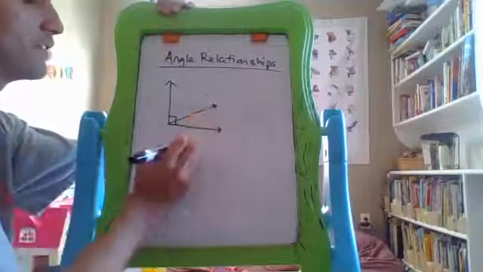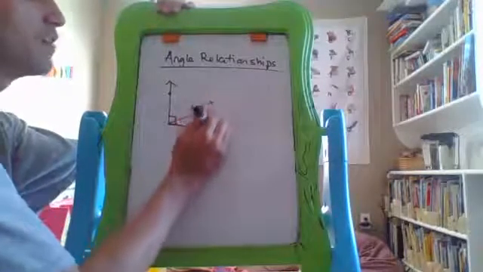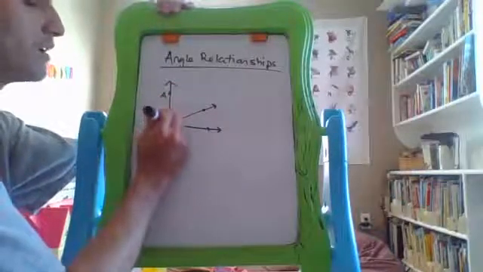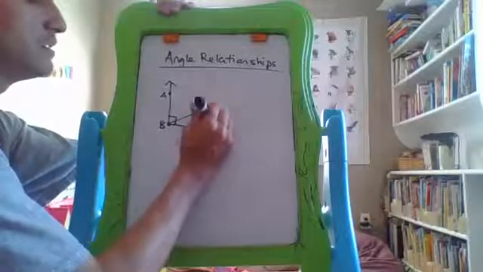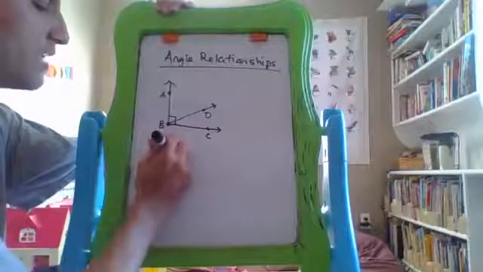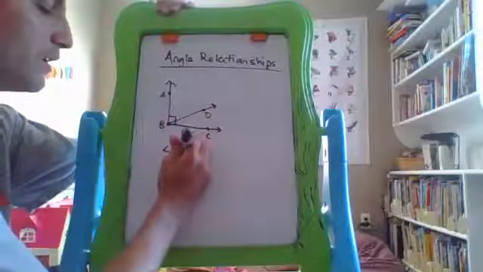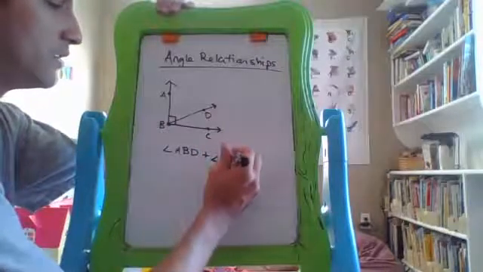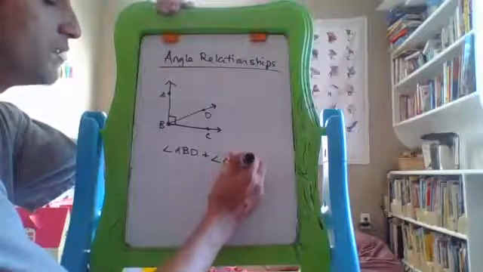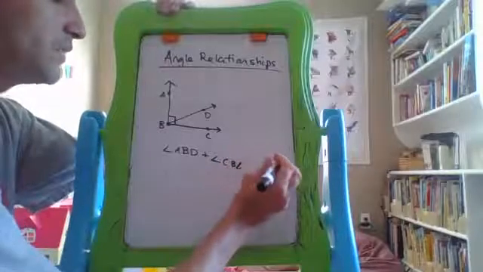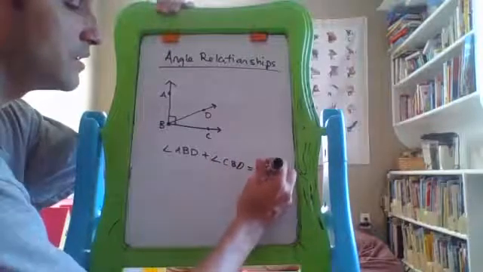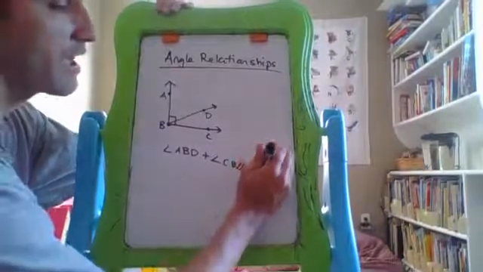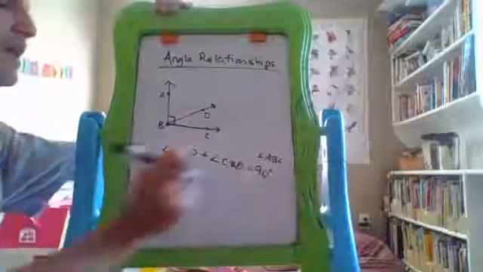These angles will usually be labeled, so let's label this A, B, C, D. So angle ABD plus angle CBD equals 90 degrees, which is also actually angle ABC. All right, but that equals 90 degrees.